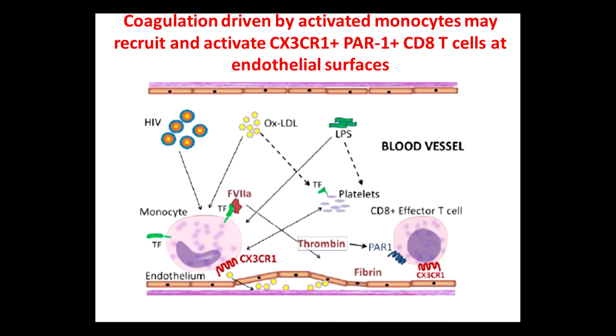At the site of the endothelium, where monocytes congregate because of expression of certain homing receptors, we propose that thrombin, elaborated by these cells, activates PAR-1, a thrombin-activated receptor, on the surface of CD8 T cells, activating these effector T cells and allowing them to participate in the formation of an atherosclerotic plaque. That was the model we were proposing. Is it true?